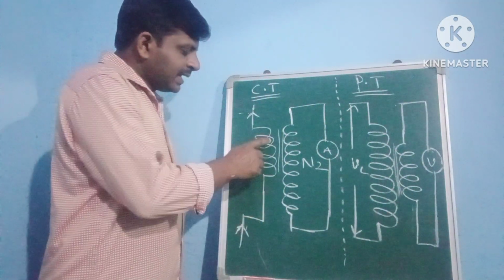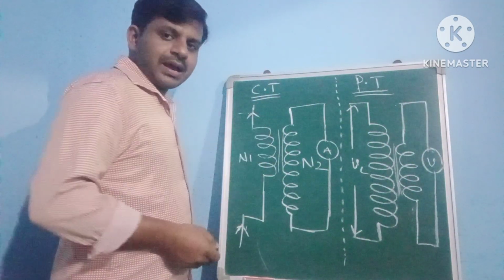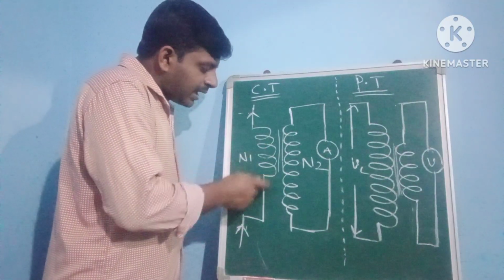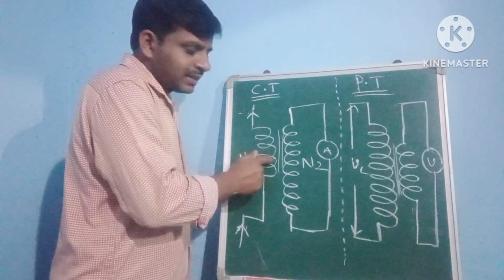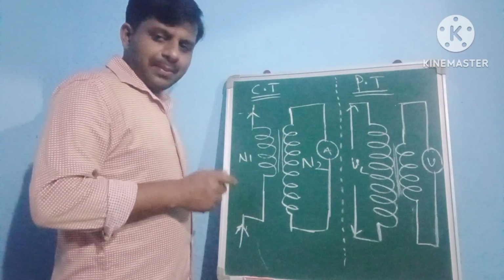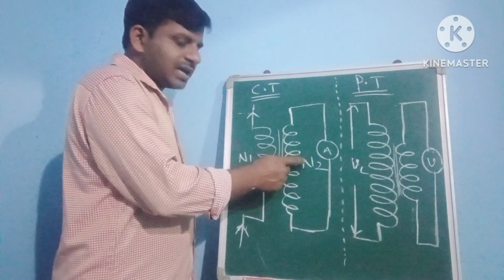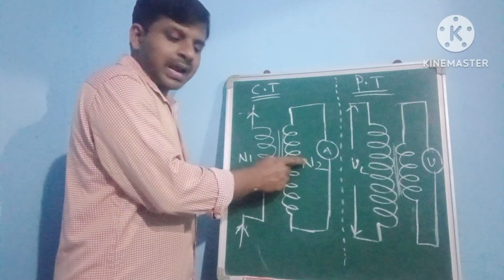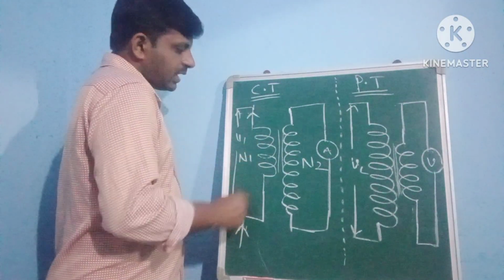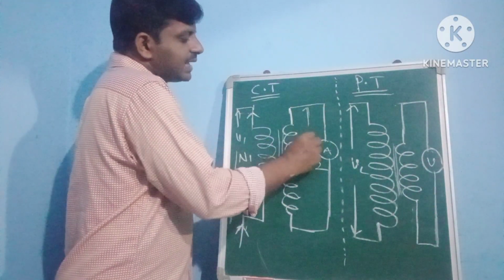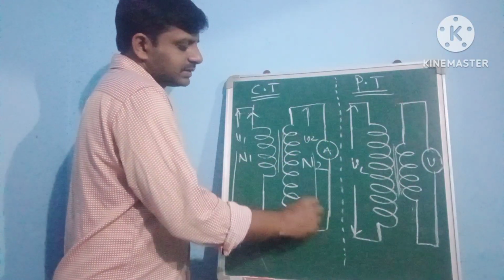Ultimately, how much current is flowing through the entire line can be calculated at the secondary side ammeter. That's why it is called a step up voltage transformer. Here V1 is the input applied voltage and V2 is the secondary side voltage.